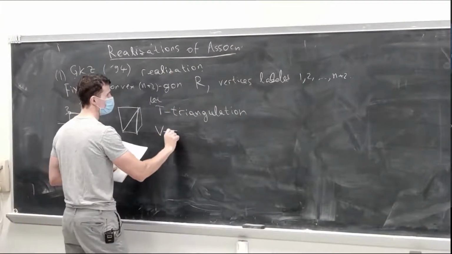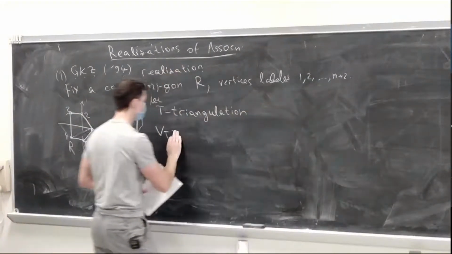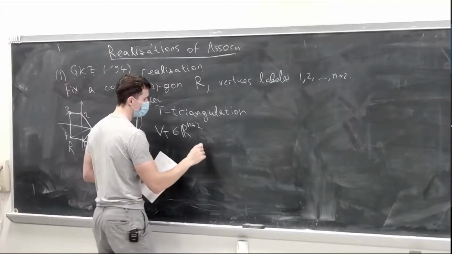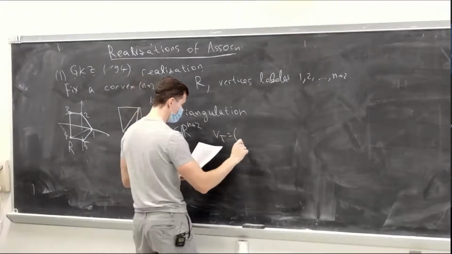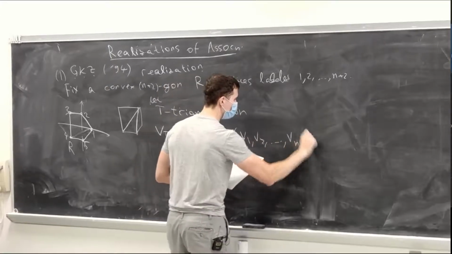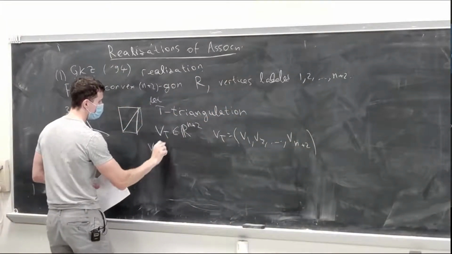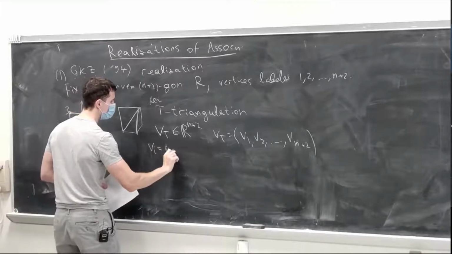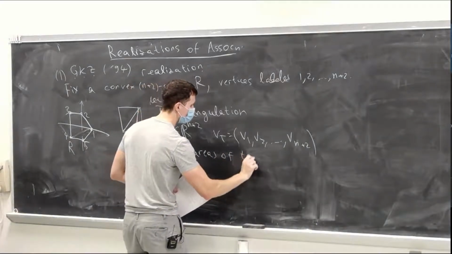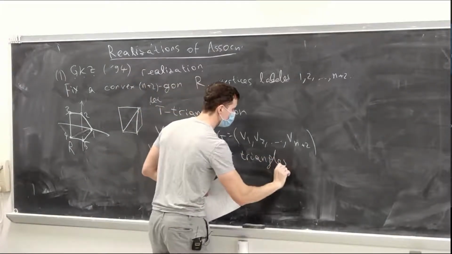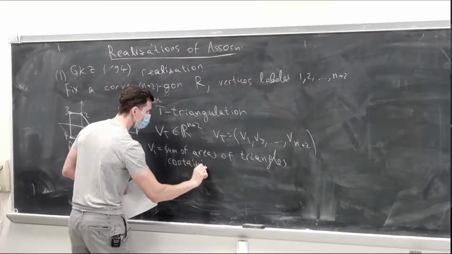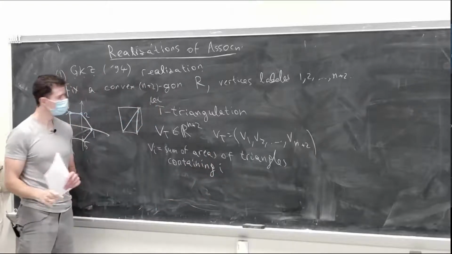V sub T is going to be a vector in R to the n plus 2, given by V1, V2, all the way up to V n plus 2, where Vi is the sum of all areas of triangles containing the vertex i.